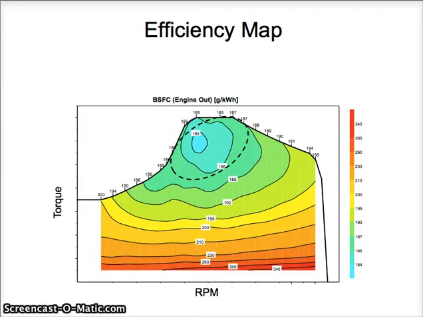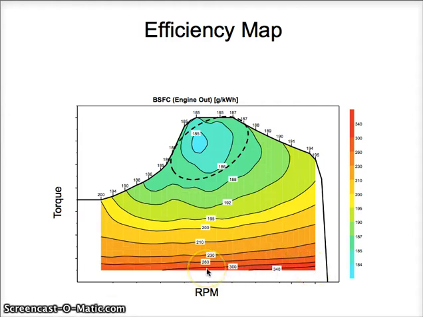Here we have an engine efficiency map for a big diesel engine. Here we have the torque, here we have the speed, and on these lines, on what we call a muscle chart, you have the BSFC in gram per kilowatt hours. So you can see here, at low load and high RPM, you have a very bad efficiency.